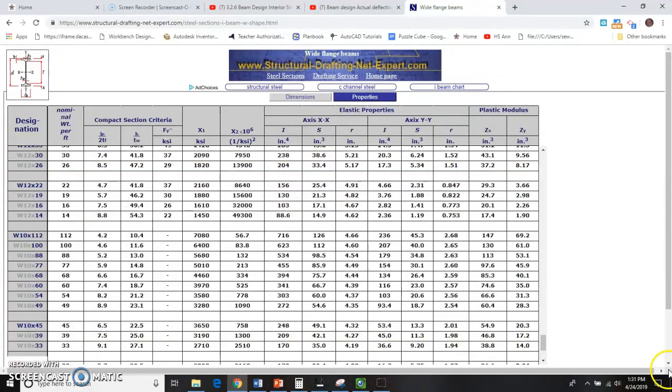So we're going to use the W12 by 16, and its I value is equal to 103.